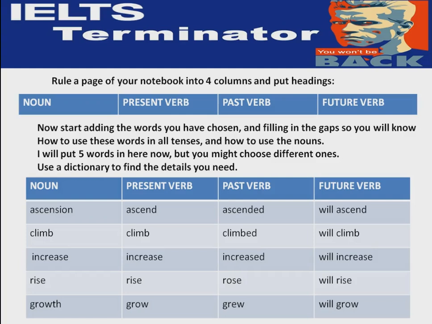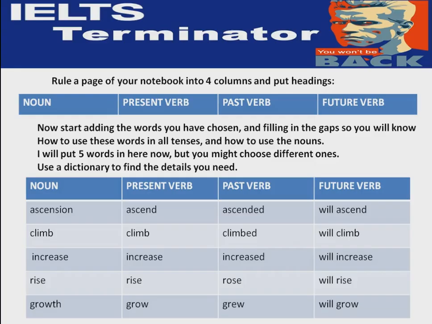The production rose, and in the future the production will rise. Growth. There was a growth of 4%. At present, the production is growing. The past tense, the production grew. In the future, production will grow.